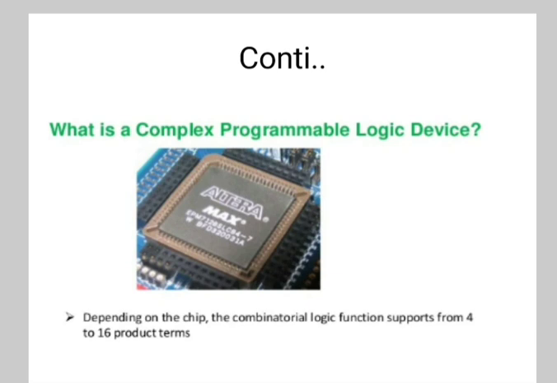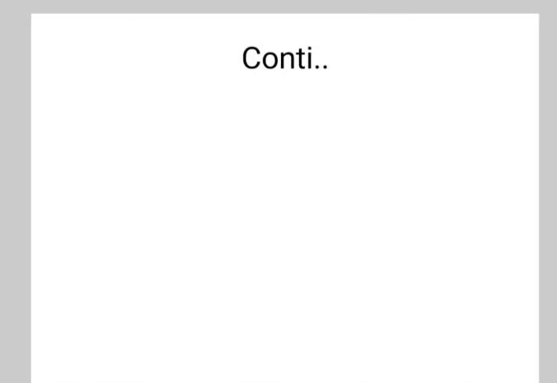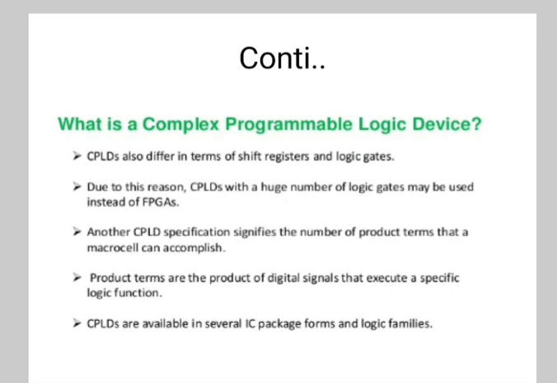Depending on the chip, the combinational logic function supports from 4 to 16 product terms. CPLDs also differ in terms of shift registers and logic gates. Due to this reason, CPLDs with a huge number of logic gates may be used instead of an FPGA.